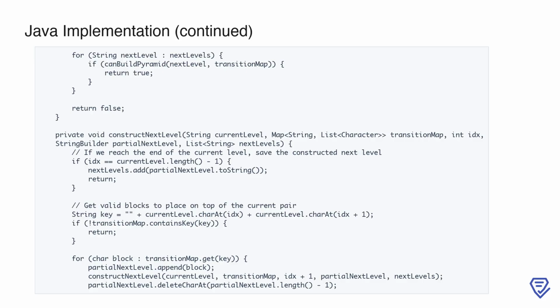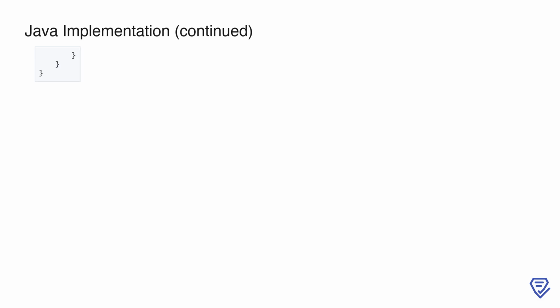Otherwise, for each valid block, we append it to the partial next level and recursively continue constructing the rest of the level. After each recursive call, we backtrack by removing the last appended block to explore other possibilities. The constructNextLevel method completes by adding the fully constructed next level to the list of possible next levels once the end of the current level is reached. This ensures that all valid combinations of blocks for the next level are generated and stored.